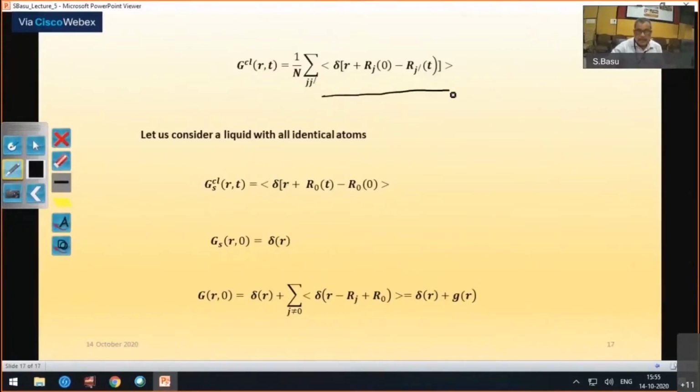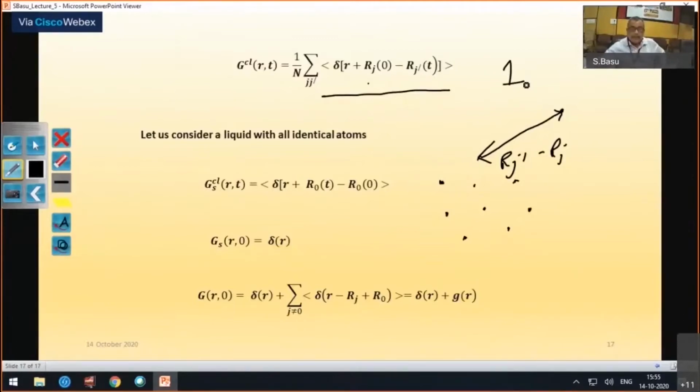of a delta function. What is the delta function? This delta function clicks when R is equal to Rj0 minus Rj prime t. So you have your system of scatterers. I'm asking the question, whenever this R is equal to Rj prime minus Rj, then this delta function is 1.